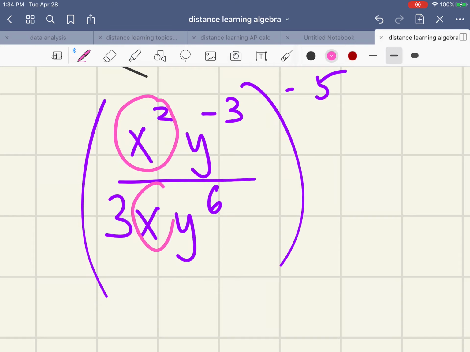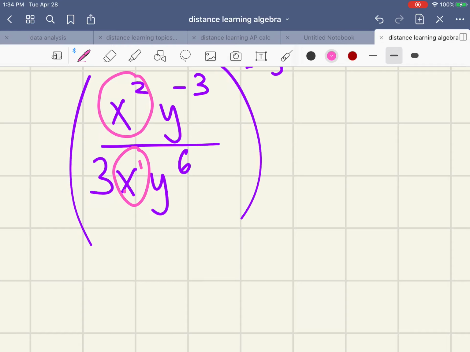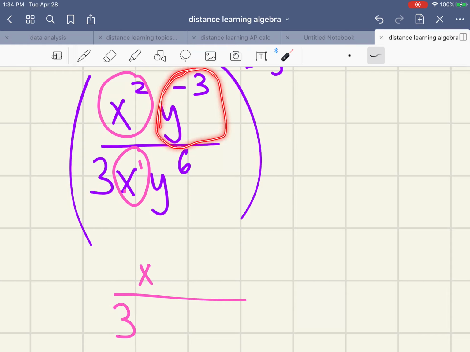I've got x squared, and I've got x to the 1. So I know that the x in the bottom is going to take one of the x's in the top away. So I'm going to have x. And then, personally, I like to move any negative exponent. I want to bring that down, have it join the y to the 6th in the bottom.